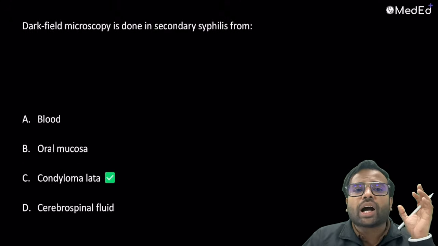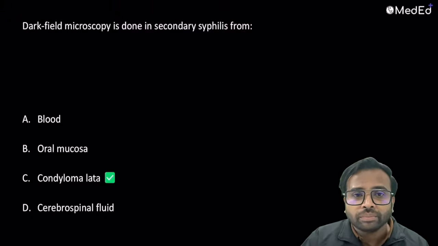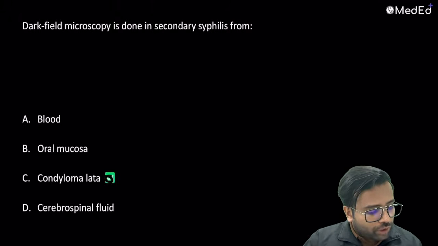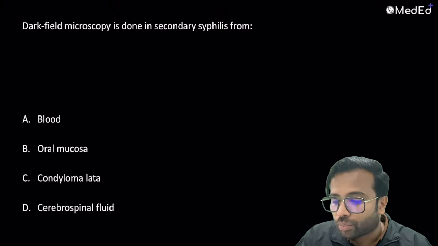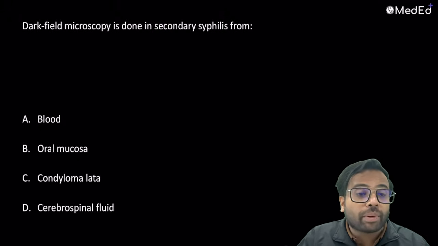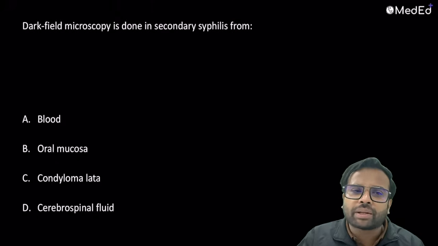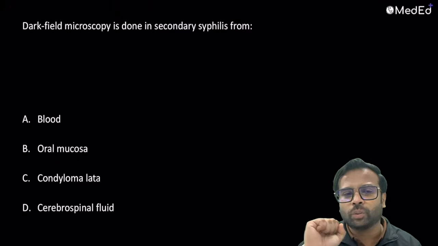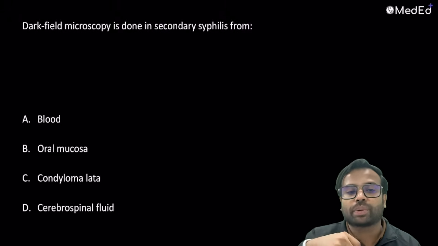And this one, dark field microscopy. This is done in secondary syphilis from which of the stages? So in which stage do you do a dark field microscopy? So yes, dark field microscopy is done from the specimen itself. So from which specimen? Is it taken from the blood? No. Oral mucosa? No. Condyloma lata or cerebrospinal fluid?